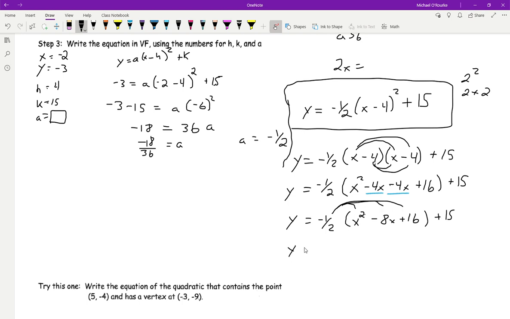And since I have a negative half, just cut everything by 2. Oops, I made a mistake. That should be a plus because we're timesing in a negative. And then once again, Cam, what do I need to do here? Collect like terms with these two.